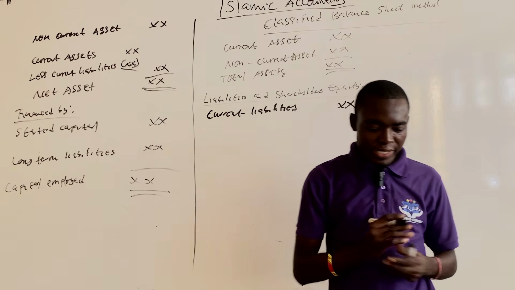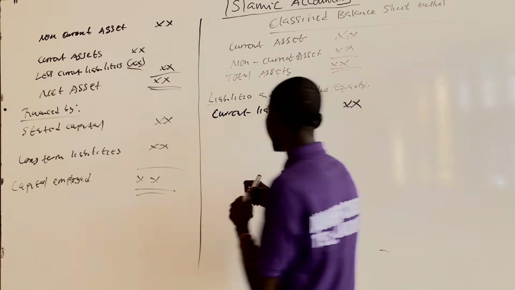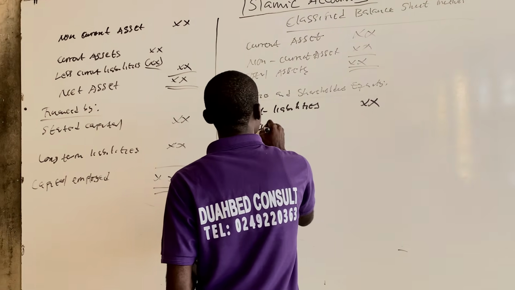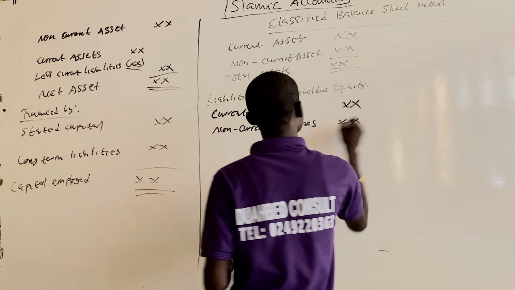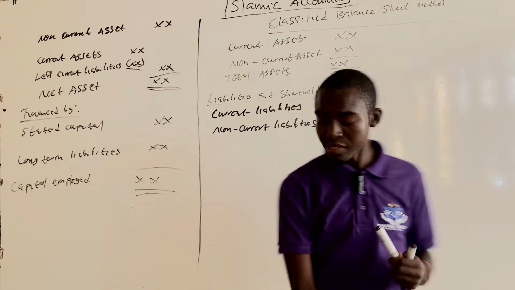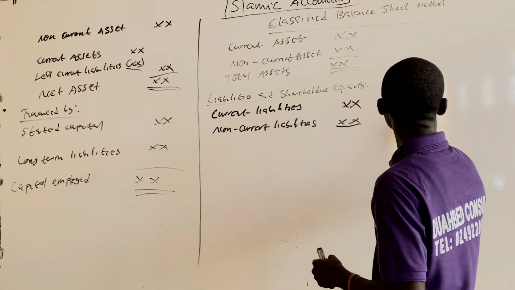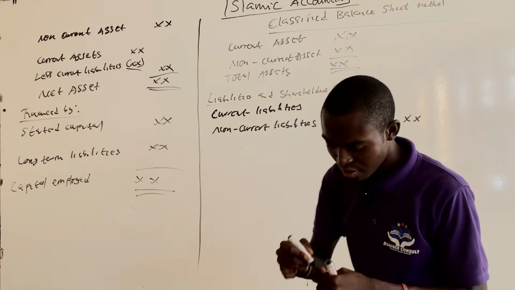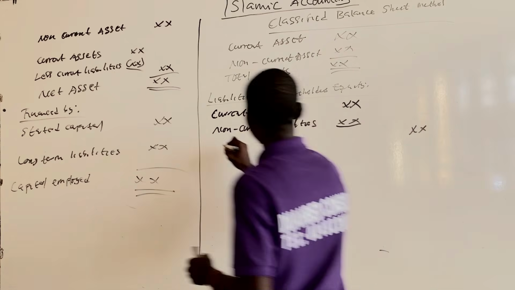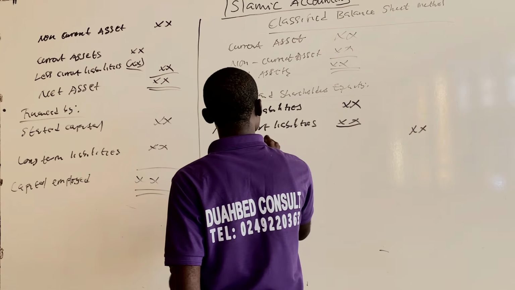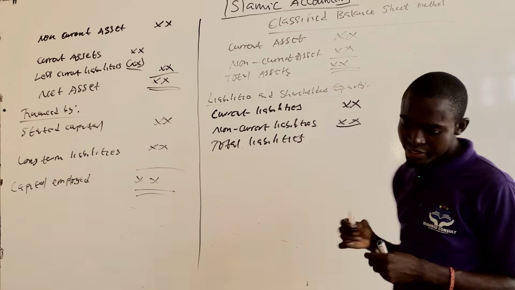After recording your current liabilities, you record your long-term liability, which is the same as non-current liability. So current liability plus non-current liabilities will give you total liabilities.